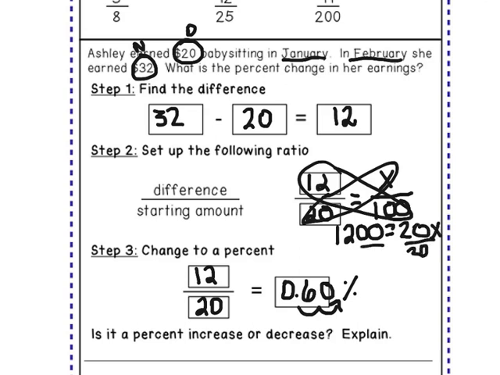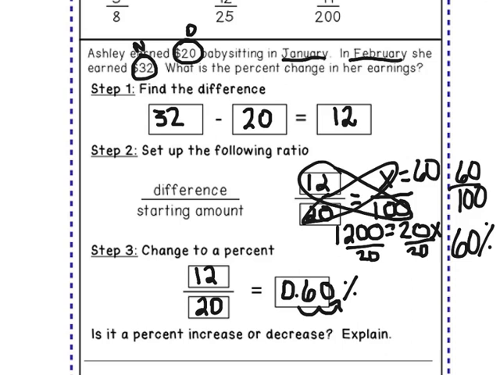Divide by 20 on both sides, and if you take your calculator and say 1200 divided by 20, you get 60. 60 over 100 is the same thing as 60%, which is also the same thing as your 6/10.